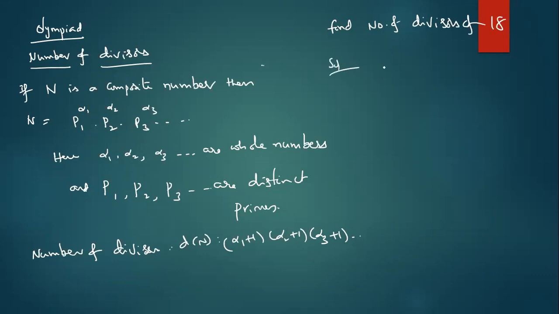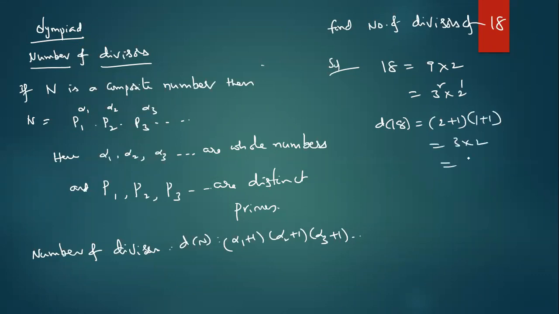Solution. What is the procedure? Dear students, 18 is a composite number, so we should express it as a product of distinct primes. How to write? See, 9 into 2, that is 3 square into 2 power 1. Clear? So the number of divisors, d of 18. What is the formula? 2 plus 1 into 1 plus 1.